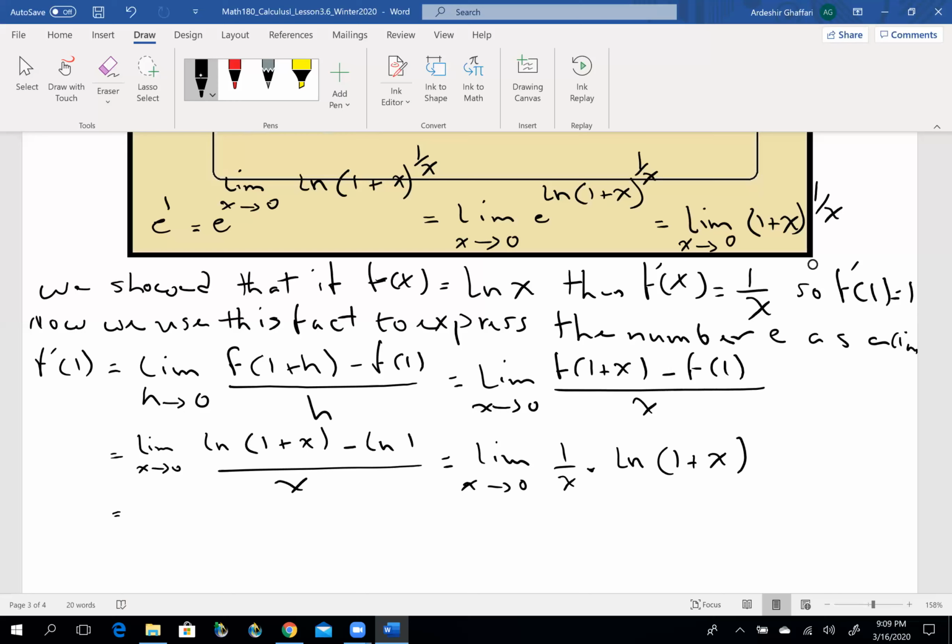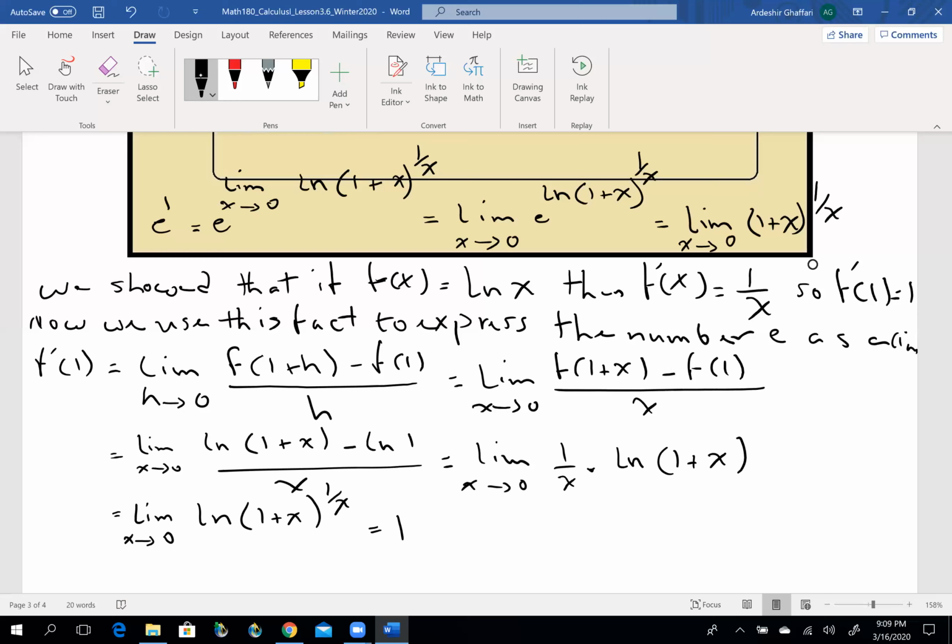Again, guys, using the property of logarithms, I can rewrite this as the limit as x approaches 0 of natural log of 1 plus x to the power of 1 over x. And since f prime of 1 is equal to 1, I know that this limit is equal to 1.